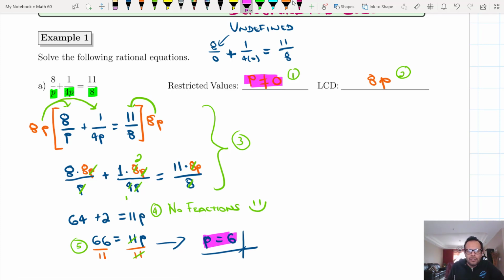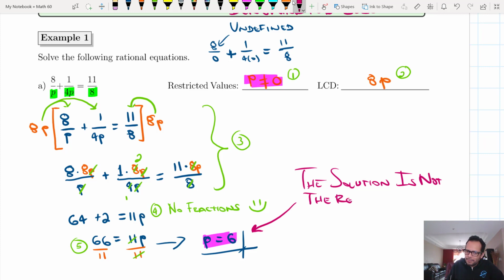In this case, the solution is not the restricted value.